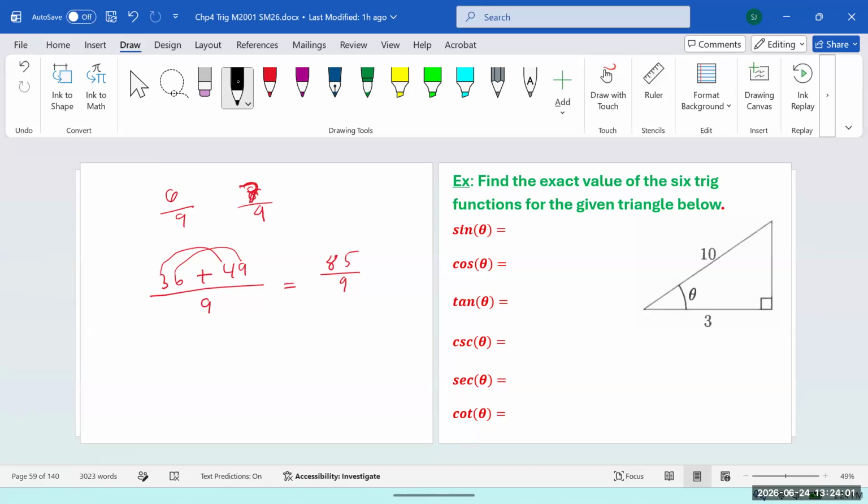Ready? Okay, Isabella, what is our first step? We are looking for C. How do you find C?